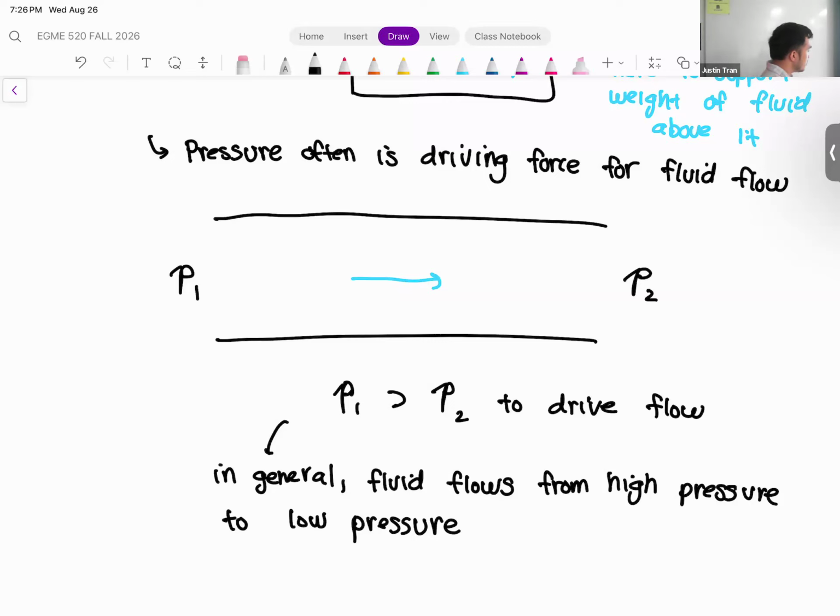Usually if you want to get fluid to go from one place to another, you can find a way to generate high pressures in one region, and that'll drive fluid to another one.